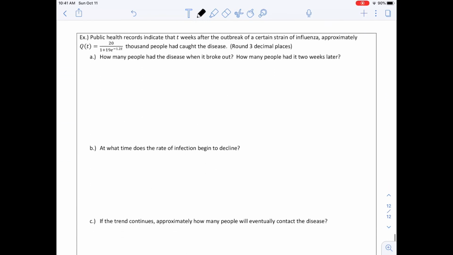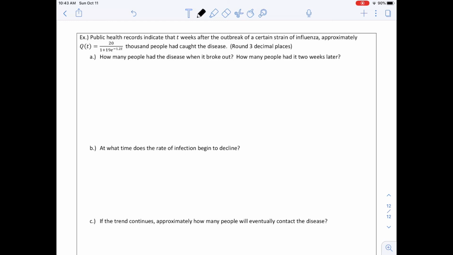So the next example that we have says public health records indicate that t weeks after an outbreak of a certain strain of influenza, approximately Q of t equals 20 over 1 plus 19e to the negative 1.2t thousand people had caught the disease.